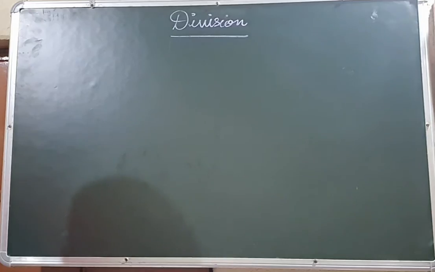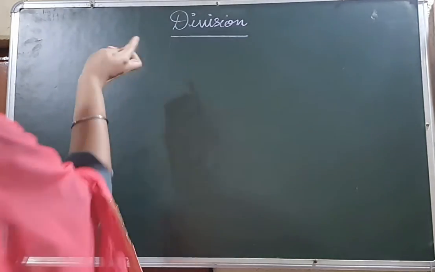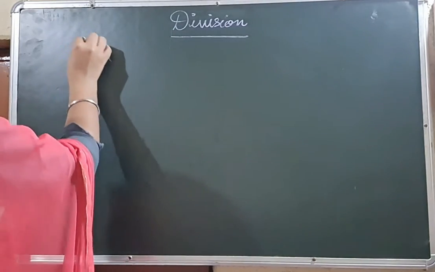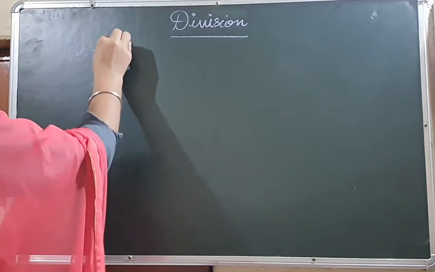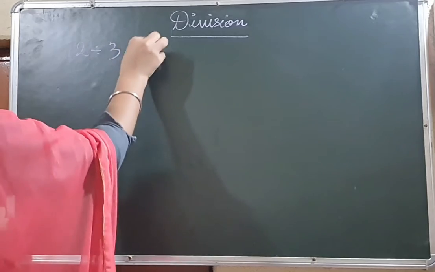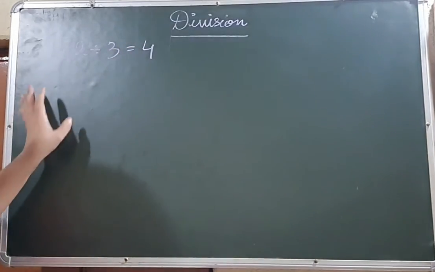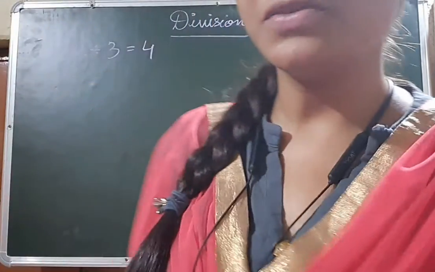Okay, so considering the division statement 12 divided by 3 is equal to 4, how are you going to do this in the long division method?